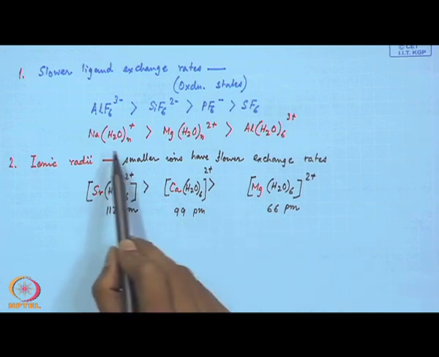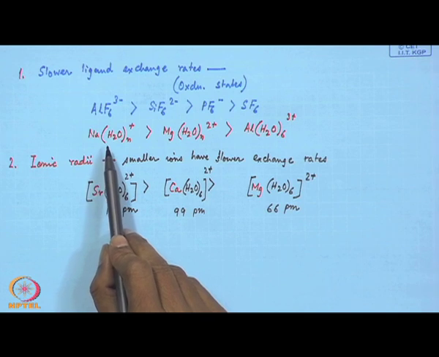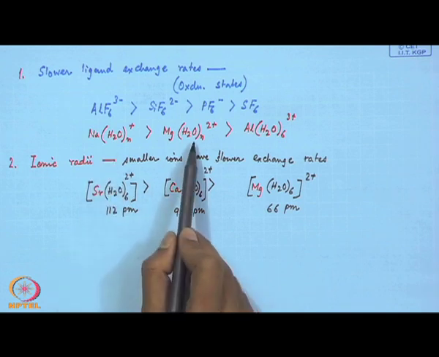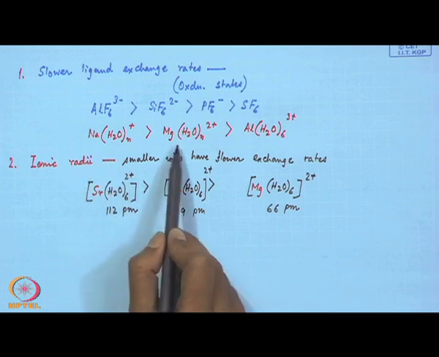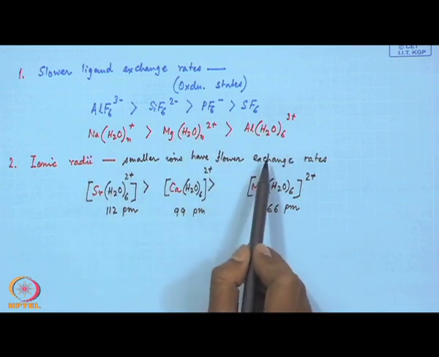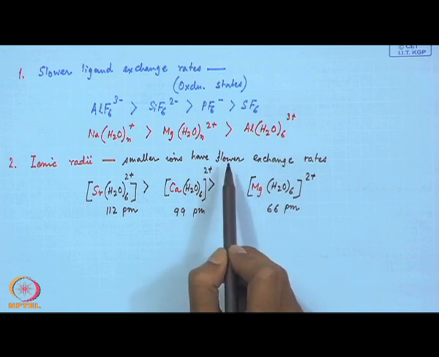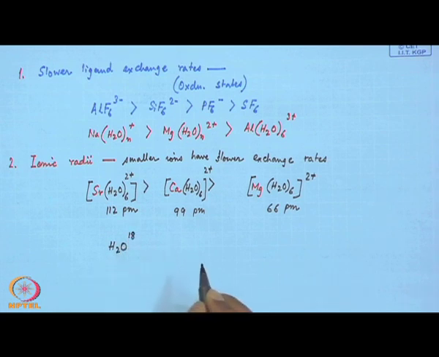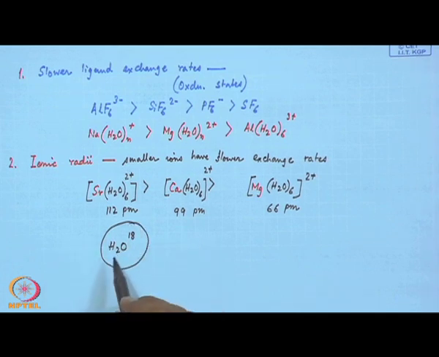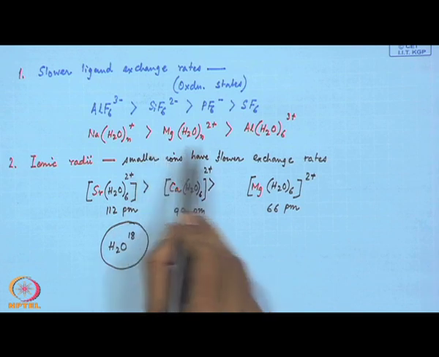If we consider the water exchange rate, we consider the water molecules which are bound to the metal ion exchanging with the bulk water molecules surrounding the system. This H2O can be labeled with O18, and we can do experiments to see how this labeled water exchanges with these metal ions.